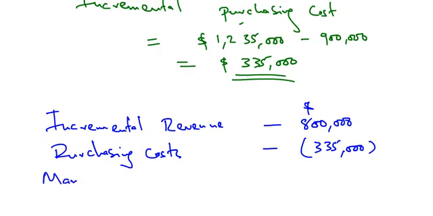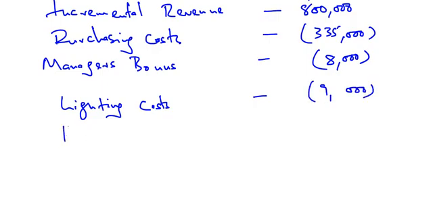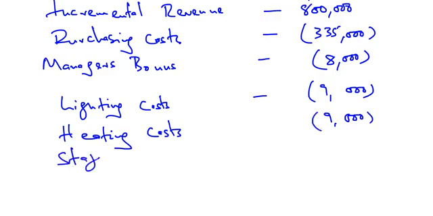We had the manager's bonus. We had the lighting costs, which were 9,000. We had the heating costs, which were 9,000. We had the new staff costs. The new staff costs were, do you remember, 45.